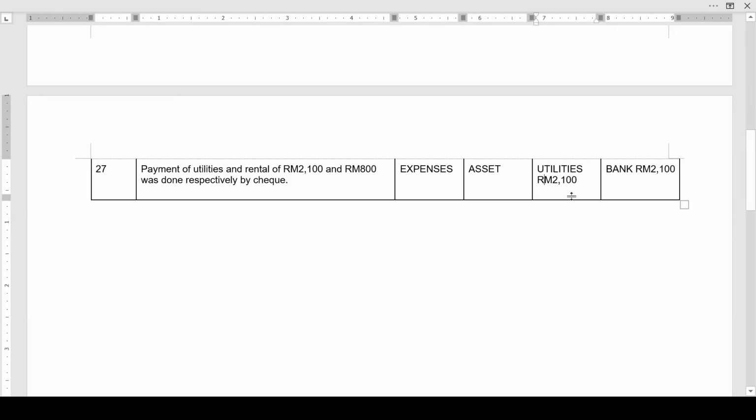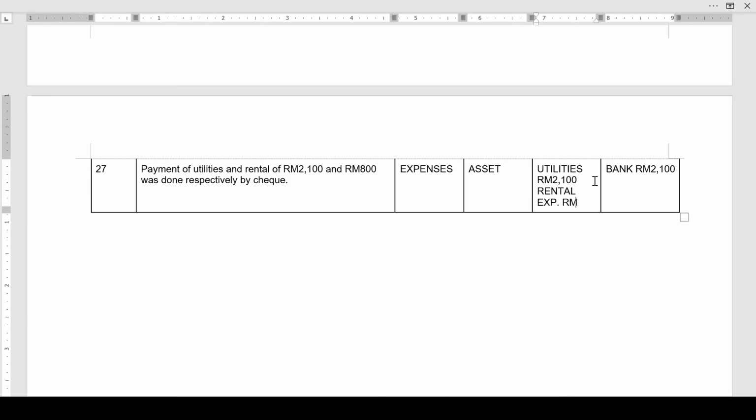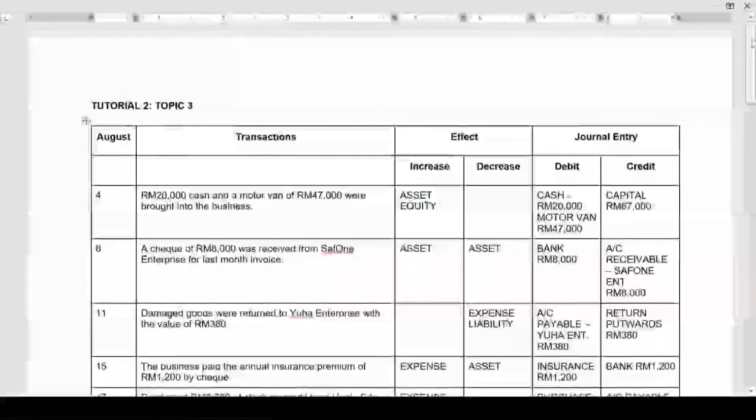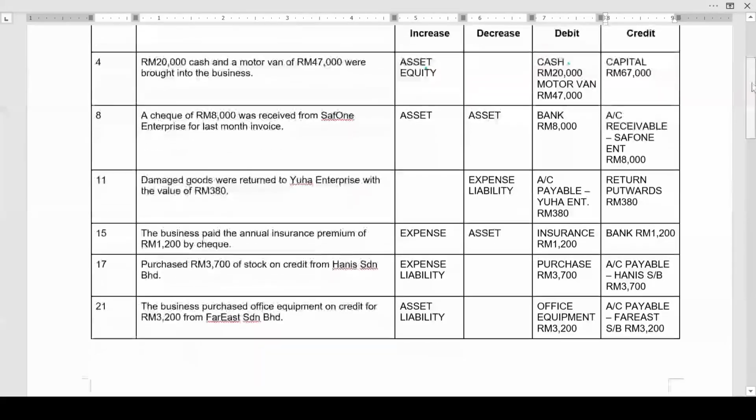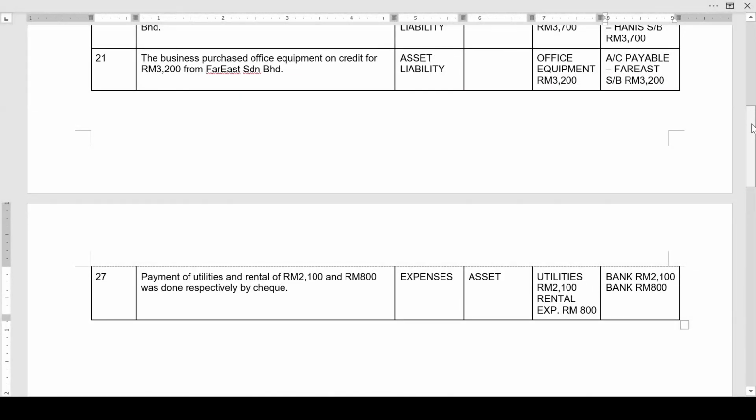And then we have here rental expense, RM 800, and bank RM 800. If you decide to combine, that is also not a problem. So this is the answer for tutorial 2 topic 3. Thank you.